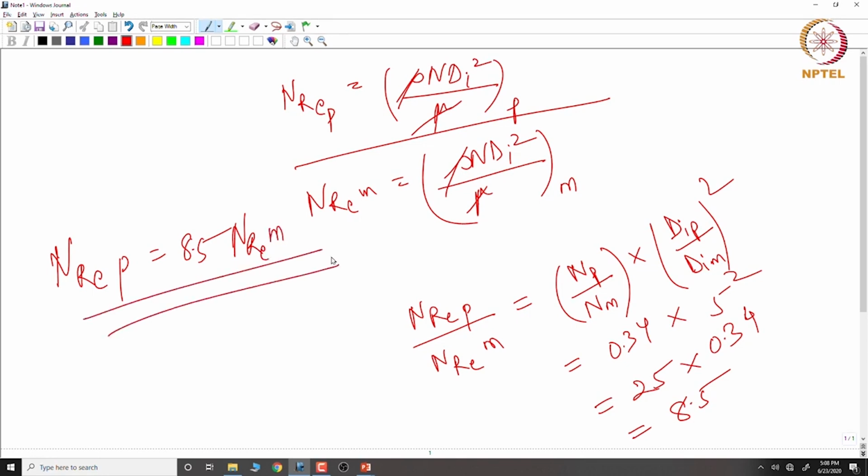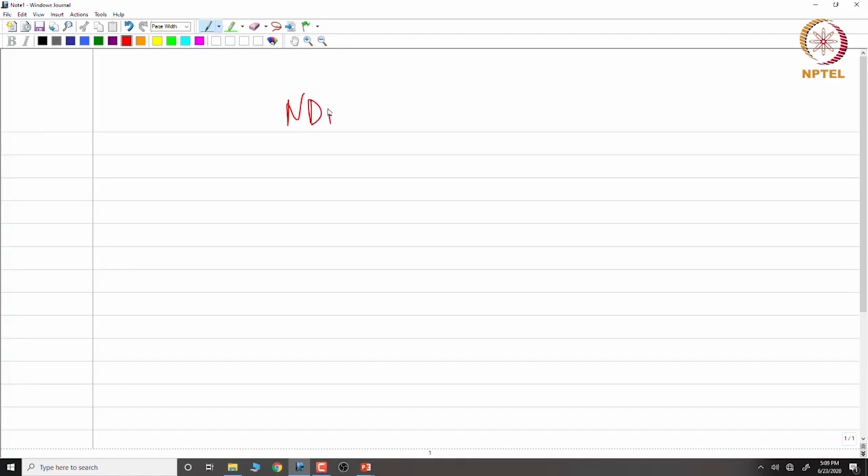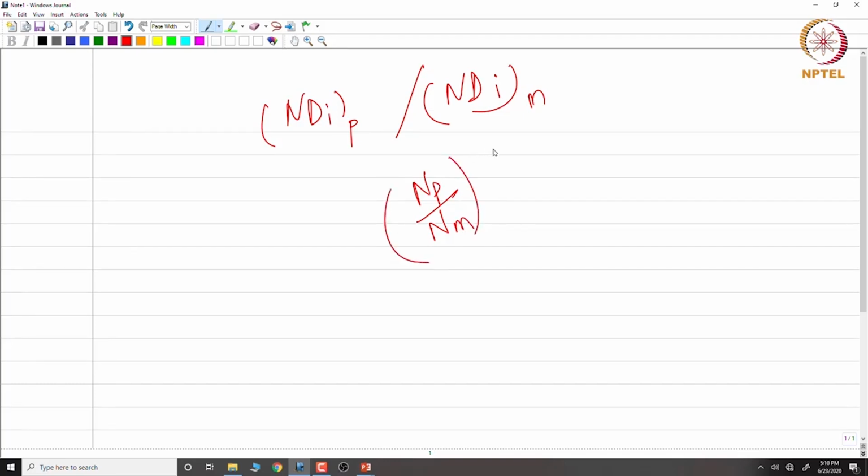You can do similarly for the NDI, which is called the tip speed at the prototype, and here it is the tip speed at the model type. So tip speed at the prototype by tip speed at the model type, if you do, then we know that Np by Nm is 0.34 and DIP by DIM is 5.